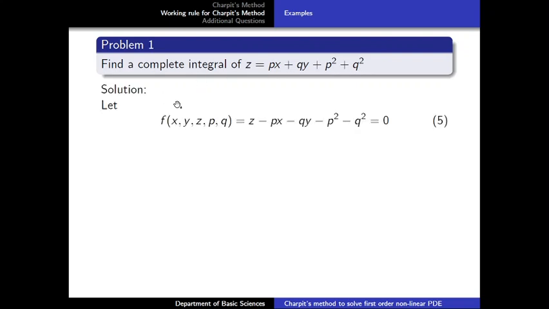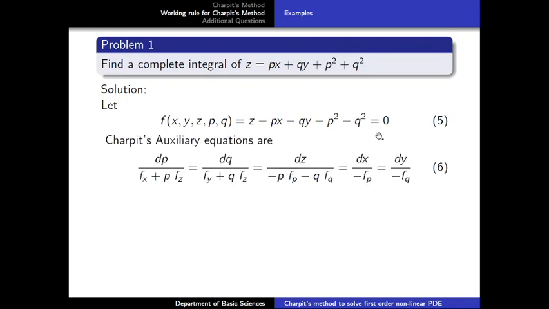First, we reorganize the expression as f of x, y, z, p, q equal to 0. For that, we transfer all the terms on the right to the left hand side as z minus px minus qy minus p square minus q square equal to 0.